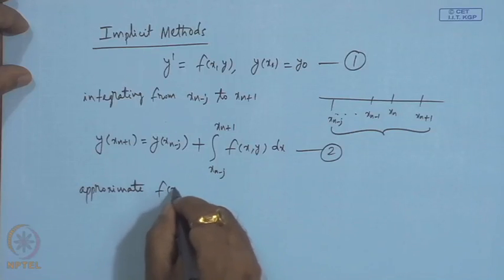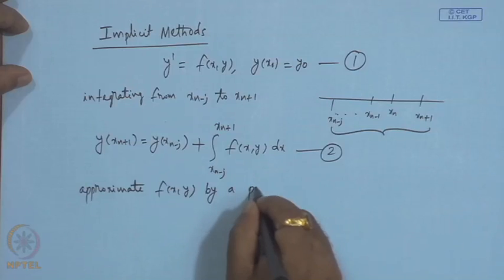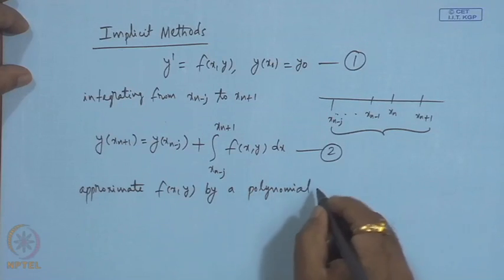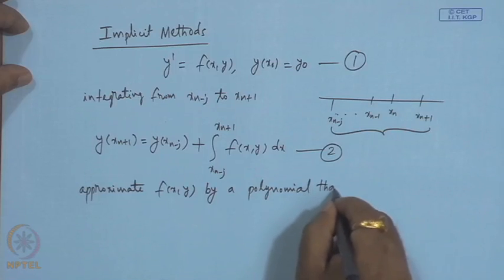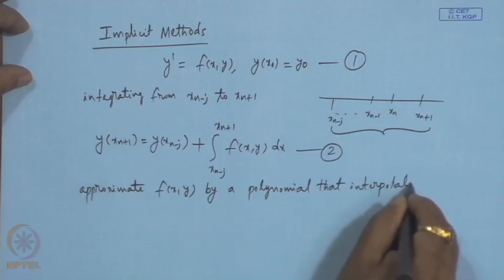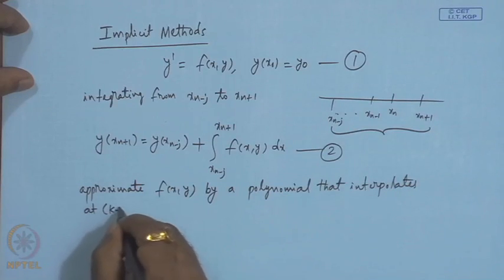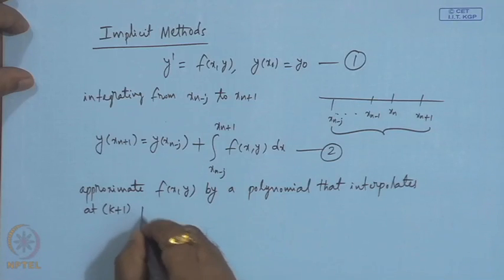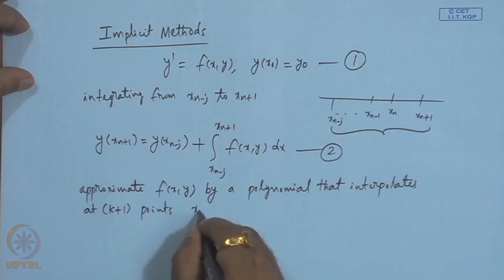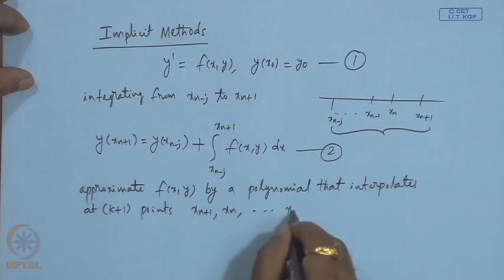Approximate f of x y by a polynomial that interpolates at k plus 1 points x n plus 1, x n, and so on.